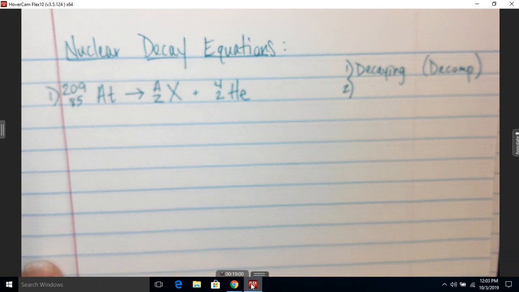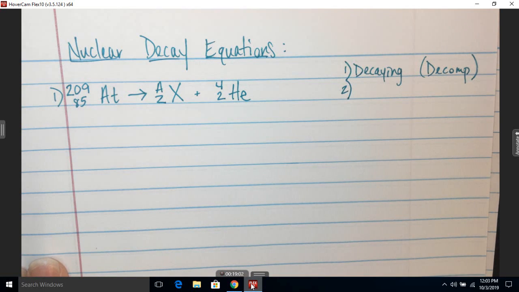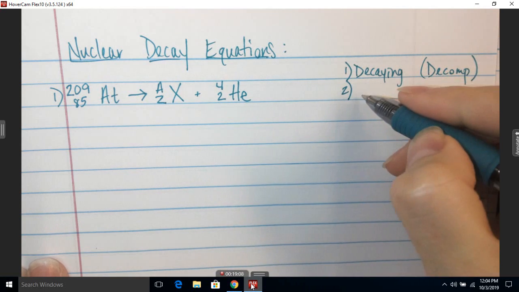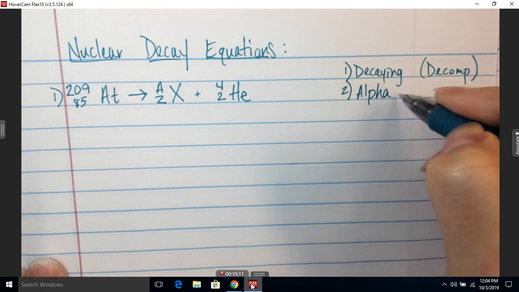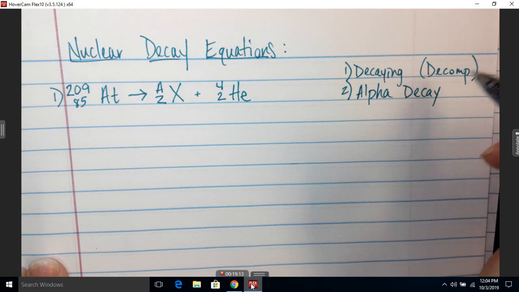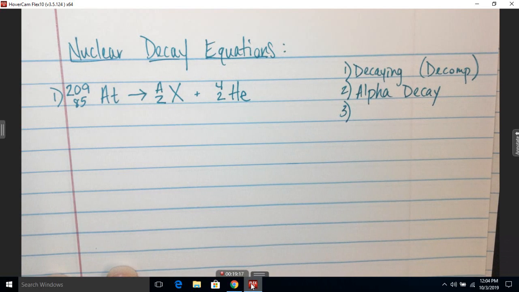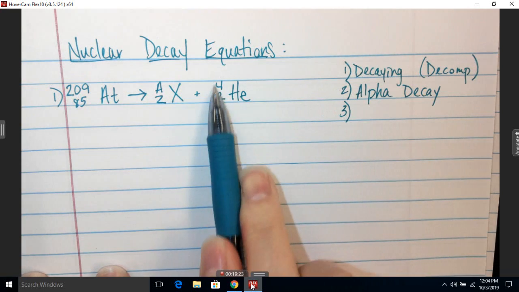Number 2. What kind of radioactive decay do we see in this equation? What kind is this? Alpha decay. Who doesn't understand why that's alpha decay? You see this right here?